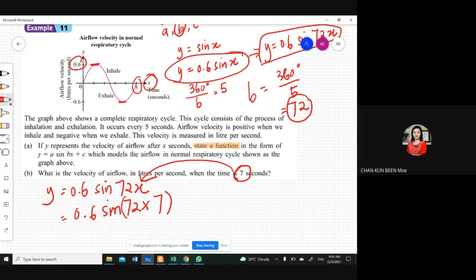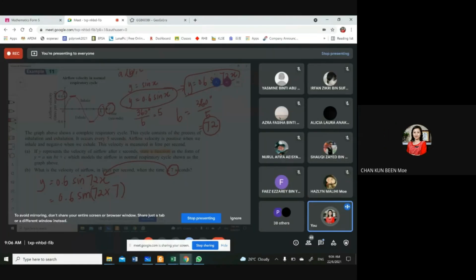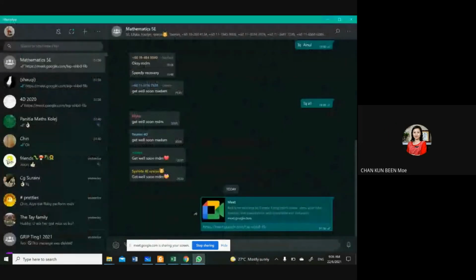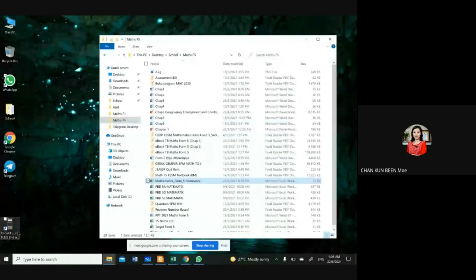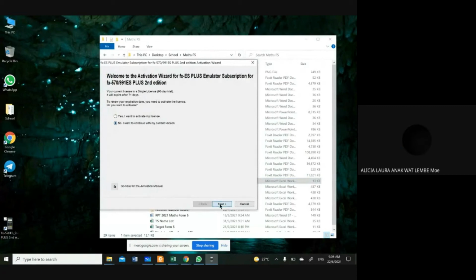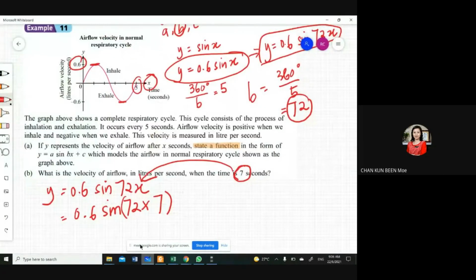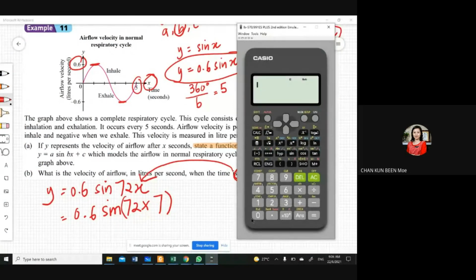Are you okay? Then lastly, you just need to press the calculator. Do you have a calculator with you? Then everybody press together: 0.6 sine, in bracket, 72 times 7. Do you get the answer?